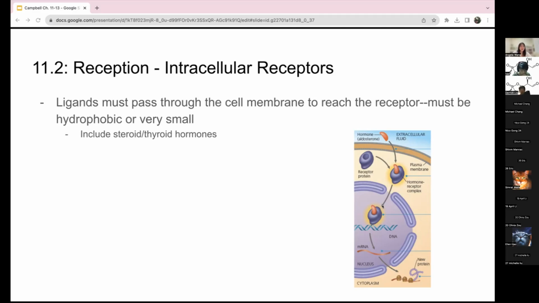Examples of these intracellular ligands include steroids, which are lipids that are very nonpolar, so they can flow easily through the cell membrane. They also include certain gases such as nitric oxide, which are also very small and relatively nonpolar, so they can just go directly through the cell membrane.